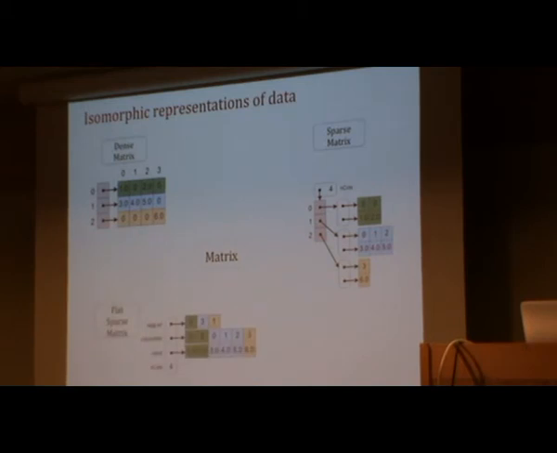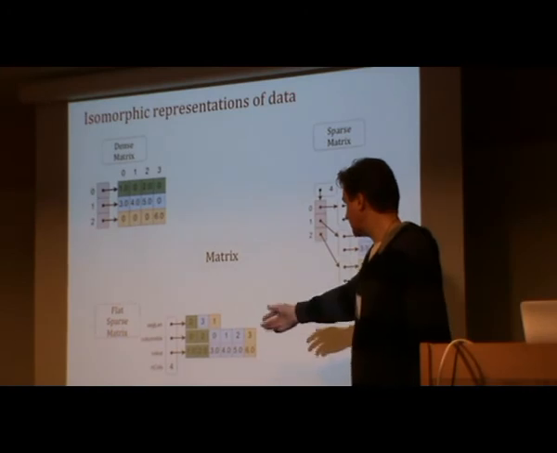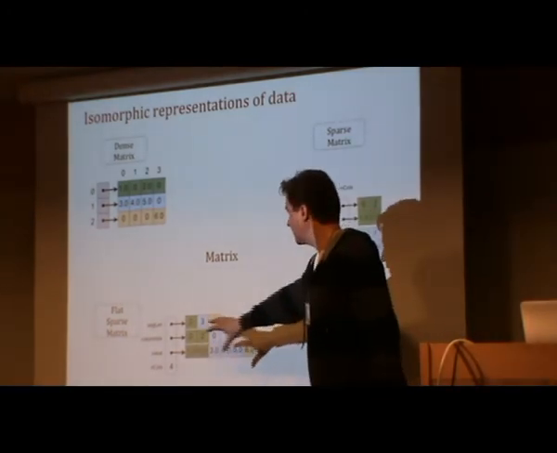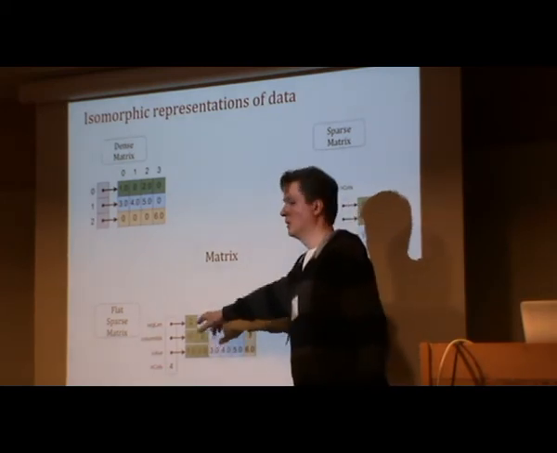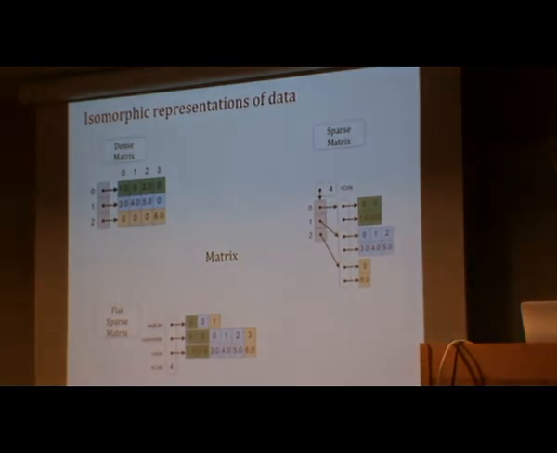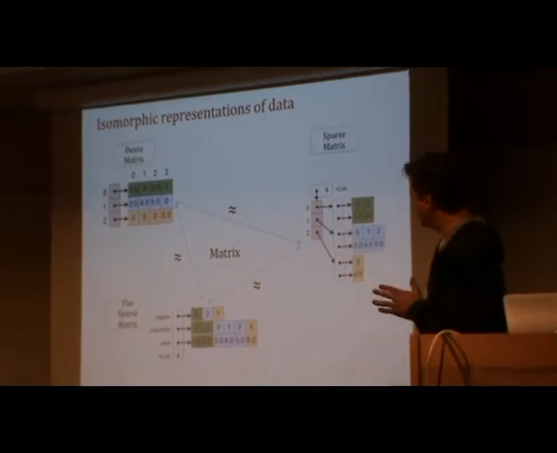But we can also represent this matrix in a so-called flat sparse matrix, where we keep all the rows in single flat arrays, and then we describe the length of each row. So the claim is that this representation is isomorphic in some sense, because we keep all the necessary information.